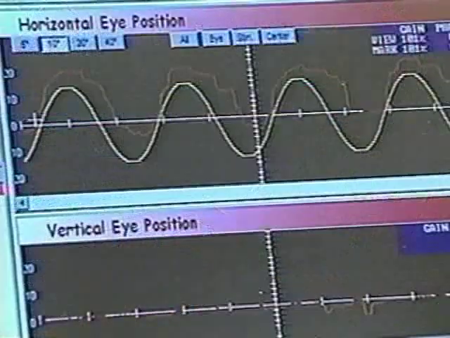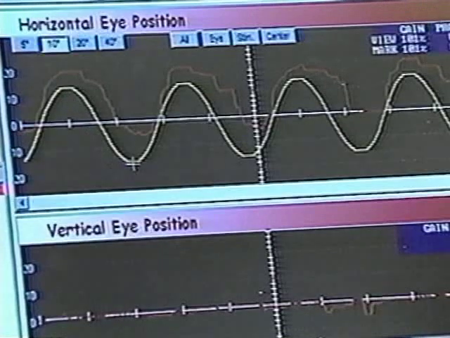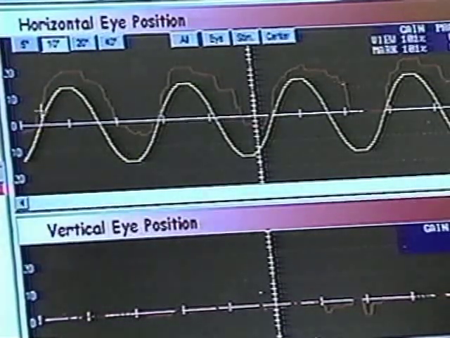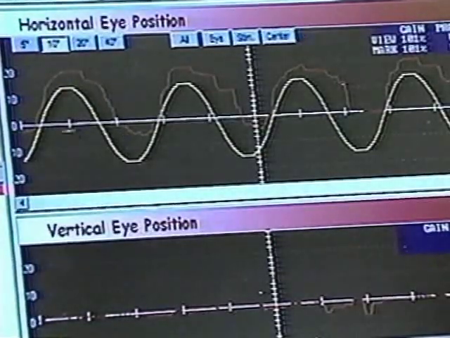On the video screen, this computerized specimen demonstrates both the ideal normal target as generated by the computer, which is shown in yellow, as well as the actual patient data, which is demonstrated in red. As we see, the ideal target demonstrates normal uniform sinusoidal motion, which can be easily tracked.